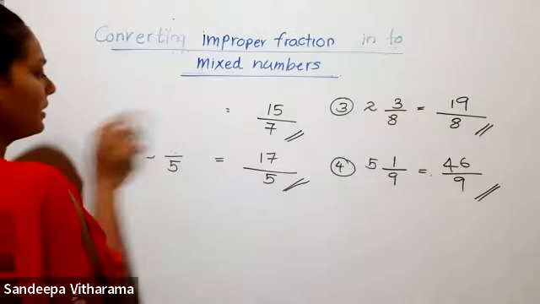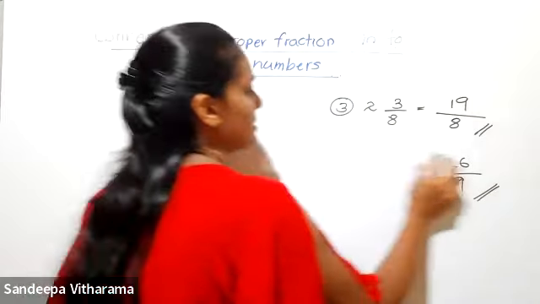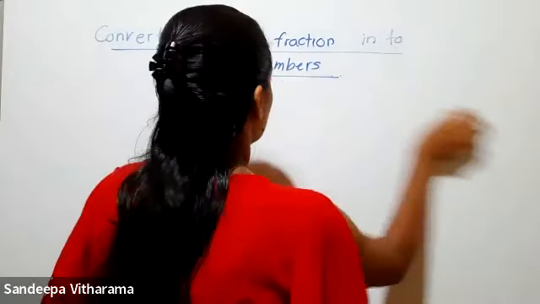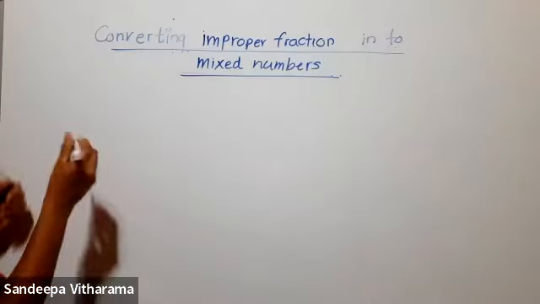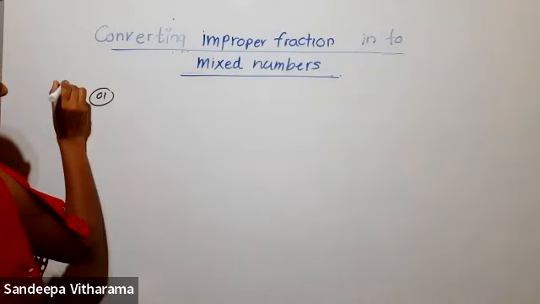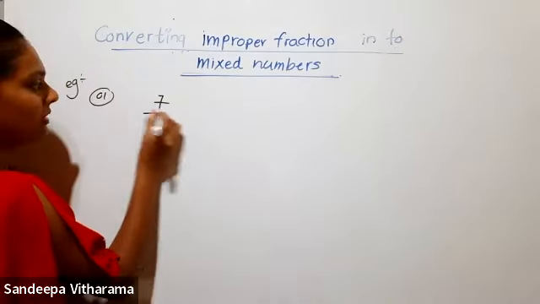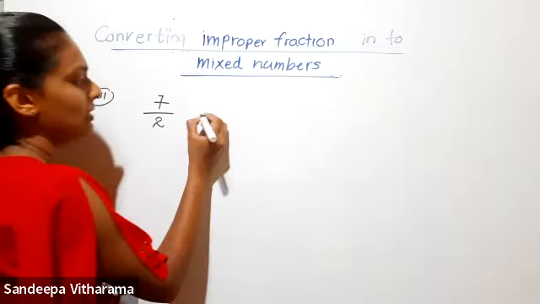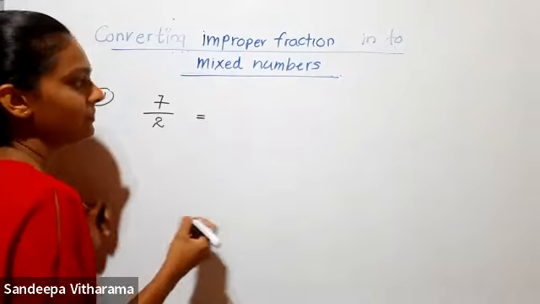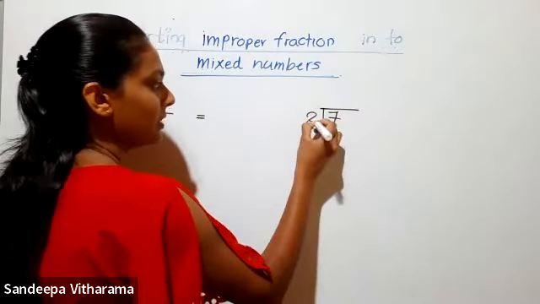We have got an answer as an improper fraction. This is very important. For an example, you have obtained 7 upon 2 as the answer. Then what you have to do? You have to divide 7 by 2.